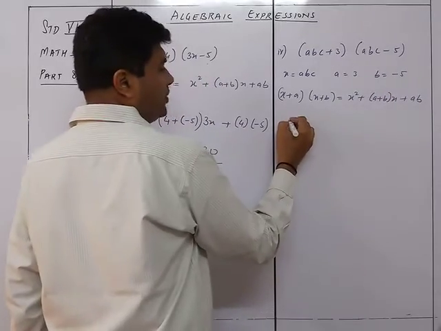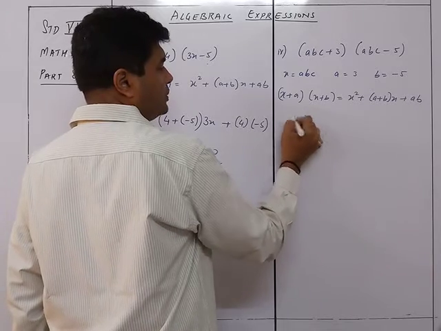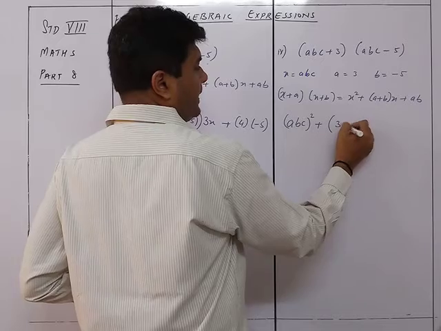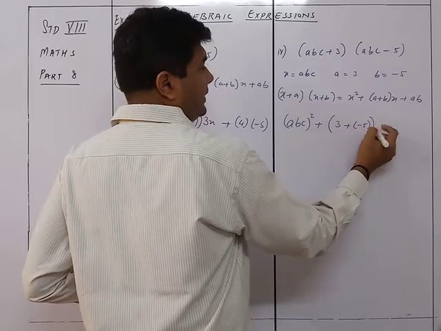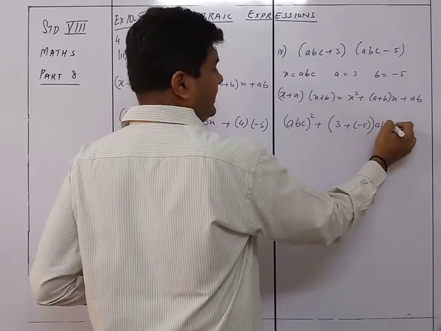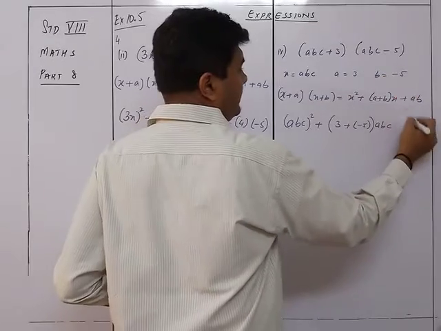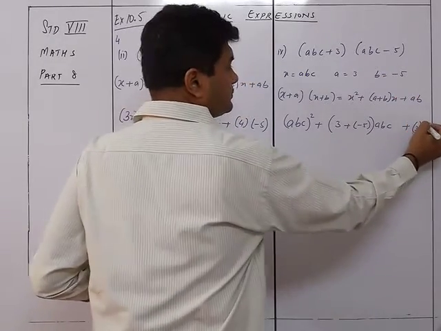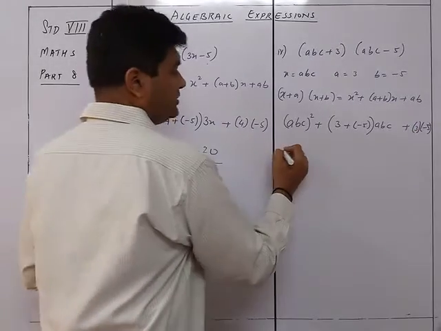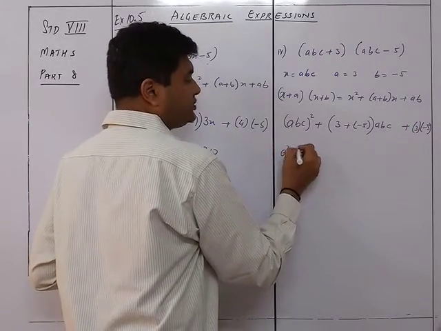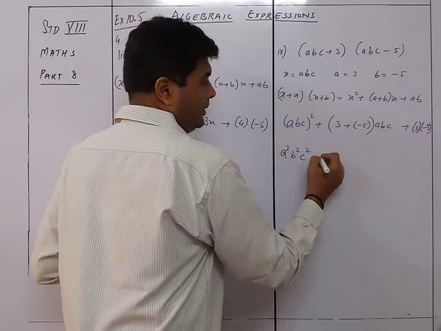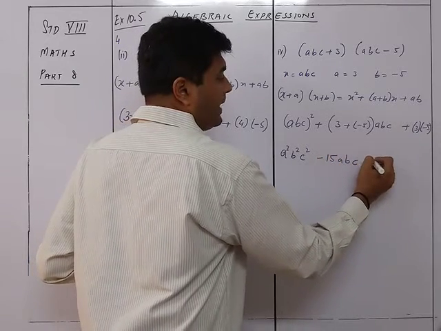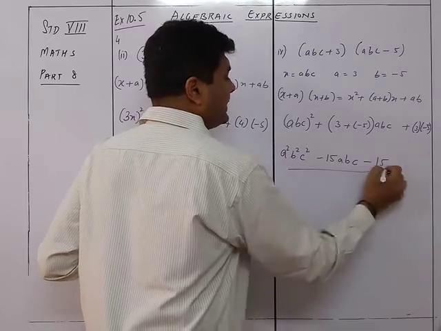So again here it will be ABC the whole square plus a plus b, 3 plus minus 5, into x which is ABC, plus ab, 3 into minus 5. So this gives you a square b square c square minus 15 ABC minus 15. That's the answer.